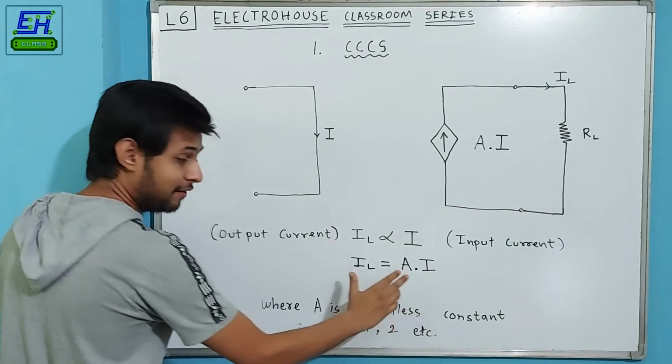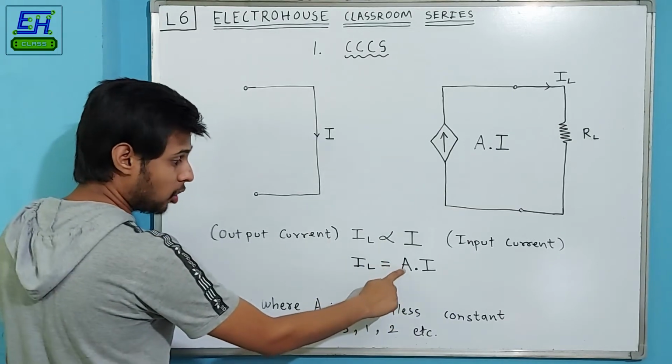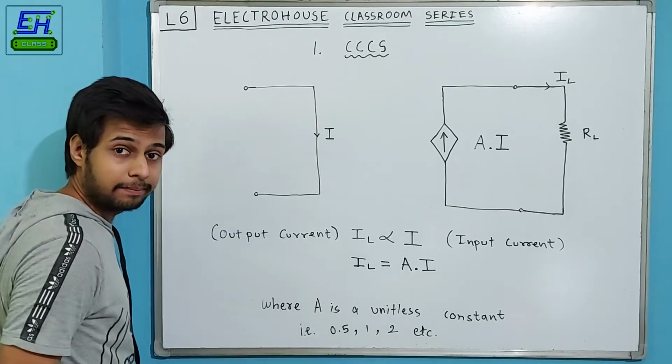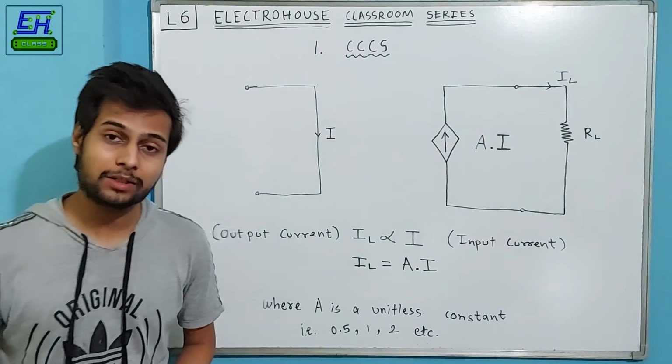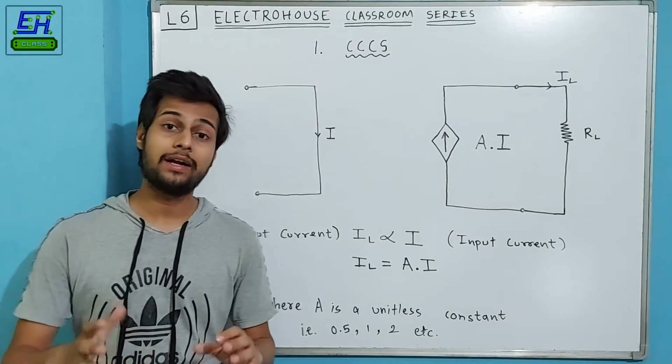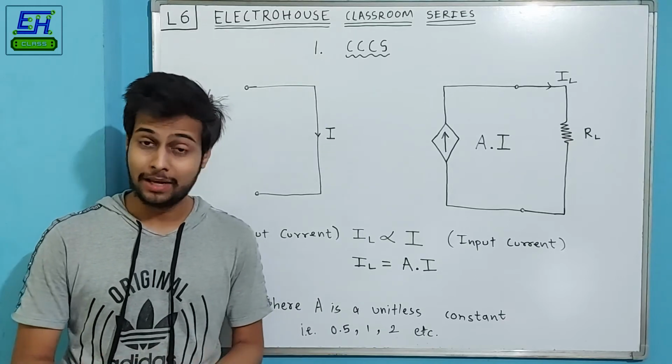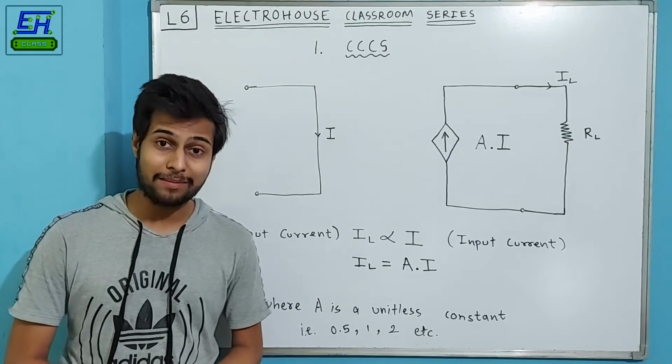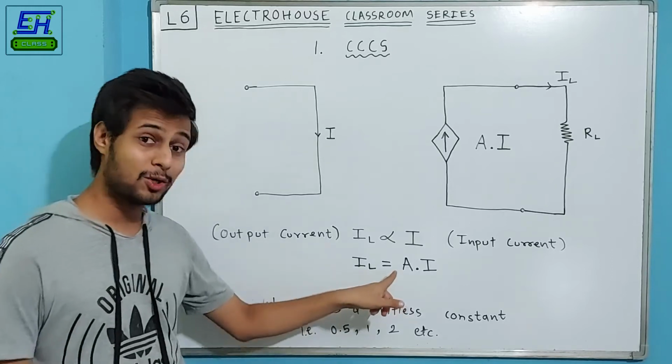If both sides have the same units, then this constant A will be a unitless quantity. Now a quick fact: in the case of transistors or BJTs, this constant A is their current amplification factor or current gain, because IC equals beta times IB, so beta is this constant.